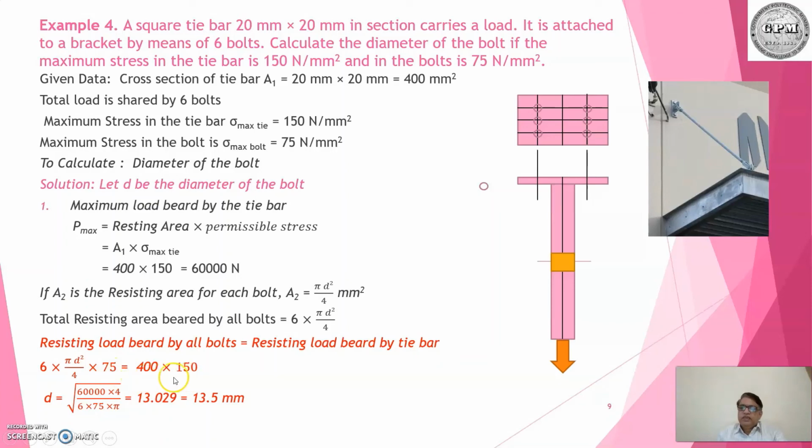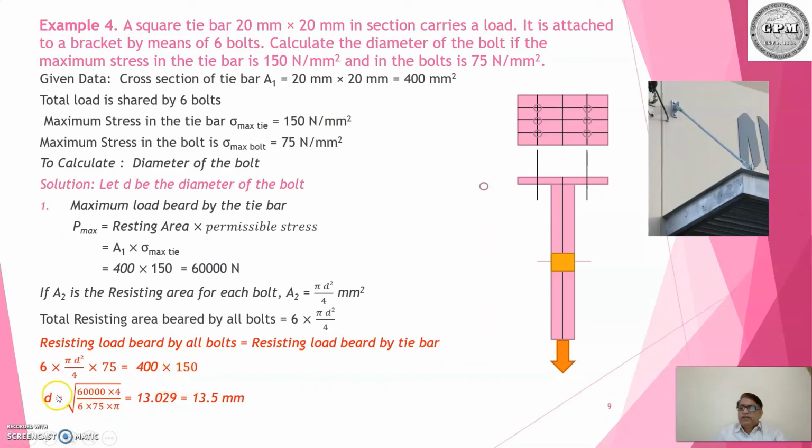The applied load is nothing but the resisting load in the tie bar, that is 400 into 150. 400 is the area of this section multiplied by 150 Newton per mm square, the stress.